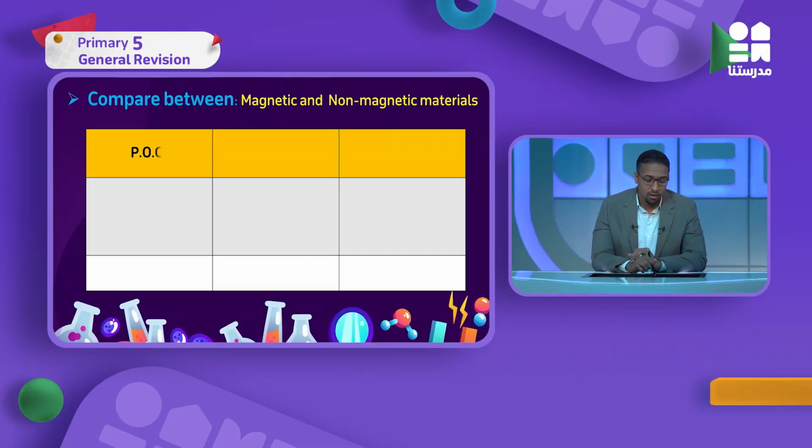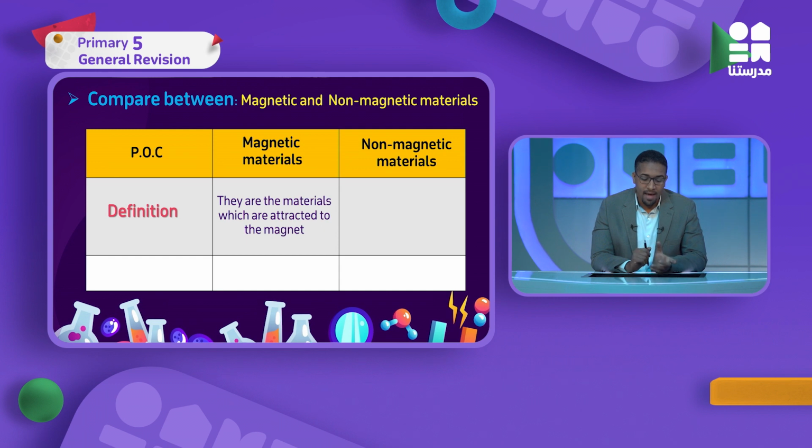So let's start with the definition. Magnetic materials are materials which are attracted to a magnet. مواد بتنجذب للmagnet, attracted to magnet. So they are called magnetic materials.